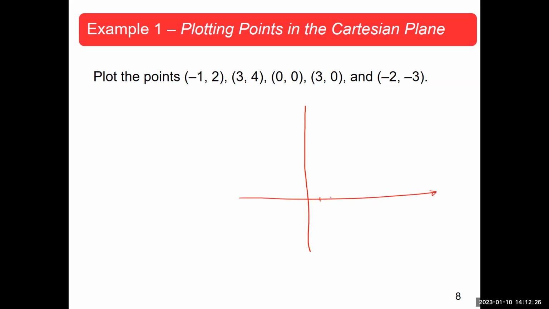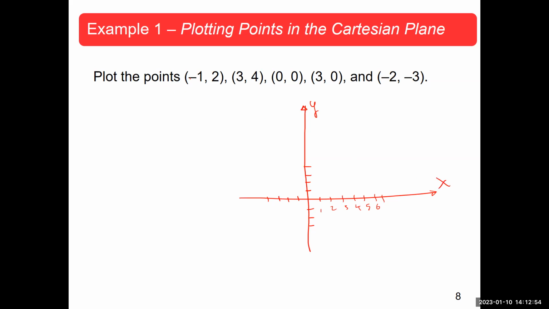So let's assume I have the dividing like that. 1, 2, 3, 4, 5, 6. 1, 2, 3, 4. Then we have the y. So this is y and this is x.